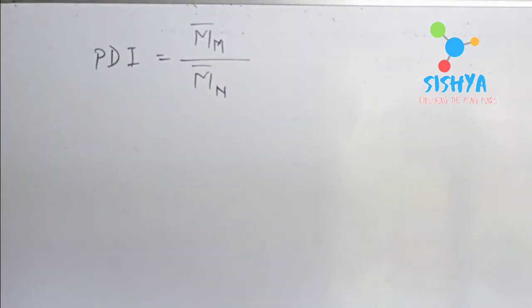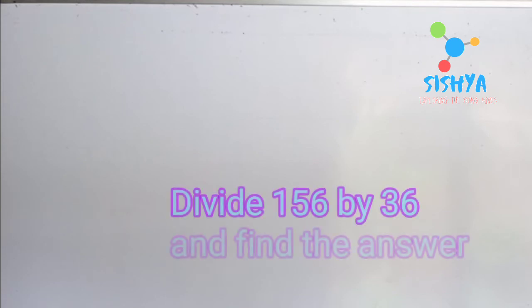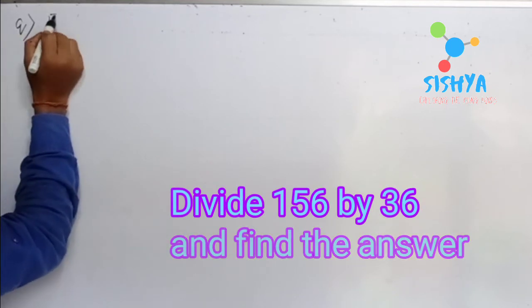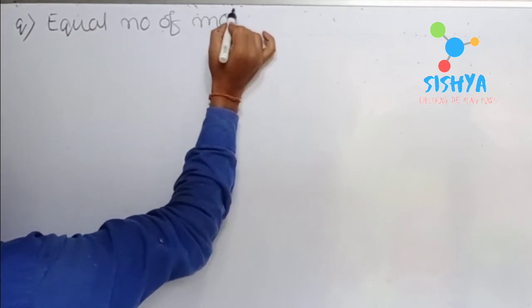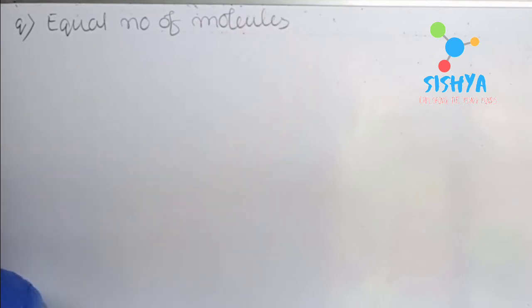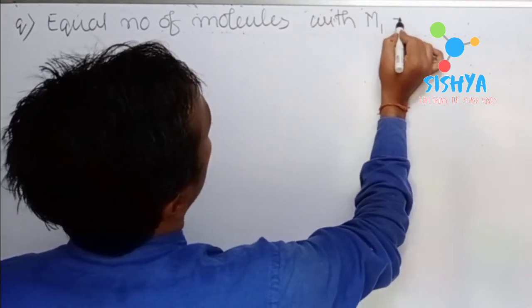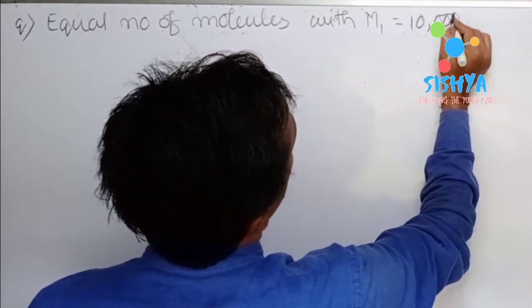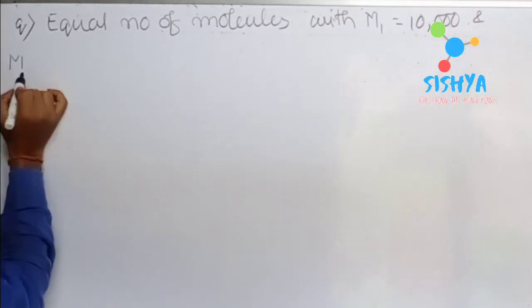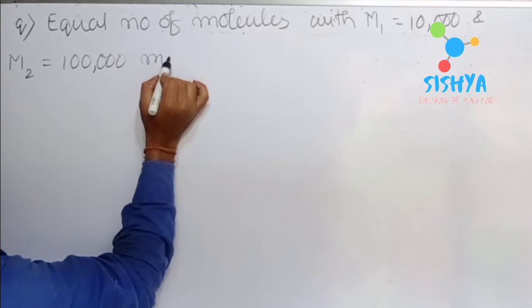Thank you. Let's consider another example where you are asked to calculate another question. There is an equal number of molecules, with M1 given as 10,000 and M2 equal to 100,000, mixed.